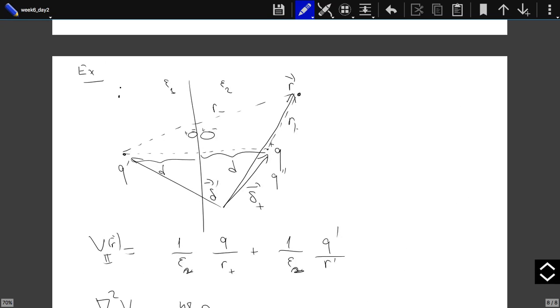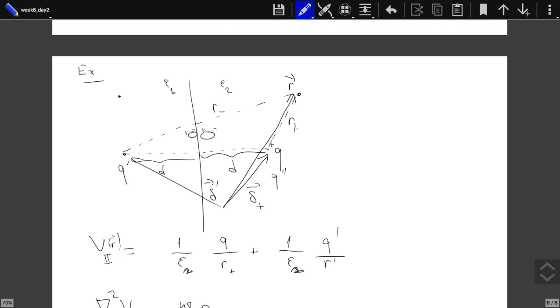Well, you see, in region 1, what are the charges that we will observe? We will see the charge Q. We will also see the surface charge. My claim is the surface charge also behaves as an image charge at the position of Q. So what I will be observing is a total charge of Q double prime at the position of Q.